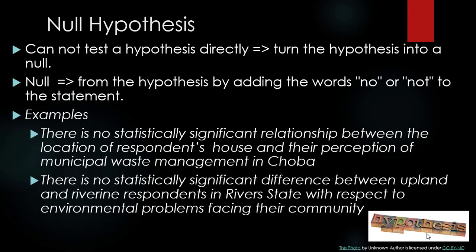When you have your testable research question and you have converted it to hypothesis, before you can do your statistical testing, you must convert the hypothesis to the null hypothesis, because you cannot test the alternative hypothesis.